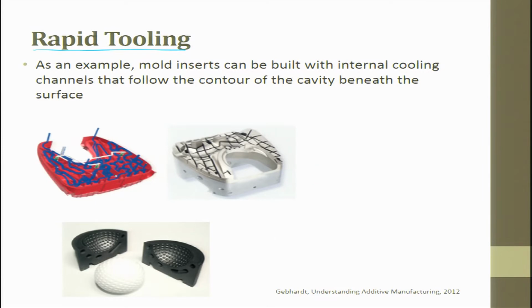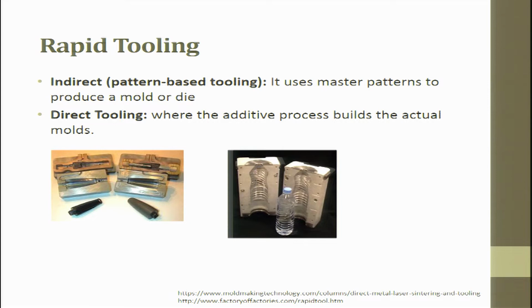So, in this example, we are trying to impress upon you that the die, which is a tool for making products, can be quickly made using rapid tooling. Indirect tooling uses a master pattern to produce a mold or a die. To produce a die, you need a tool. So, if you can produce that, that is called indirect tooling.